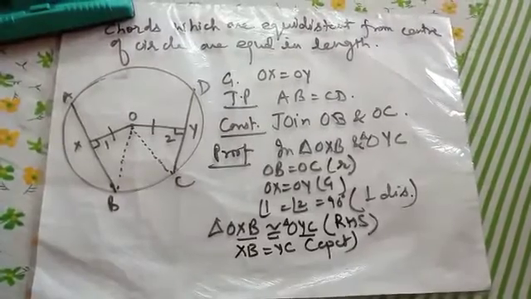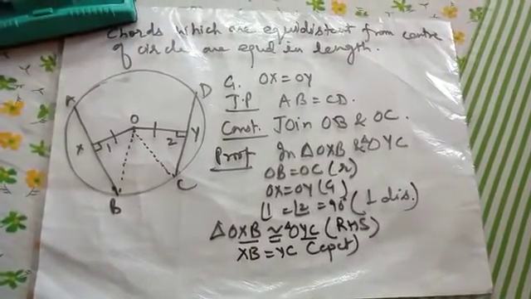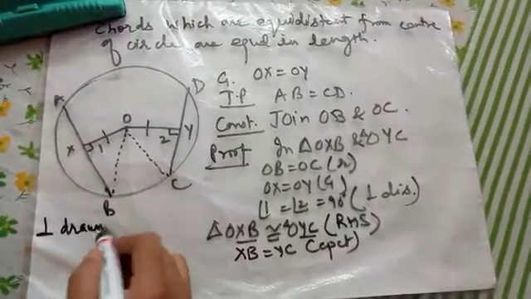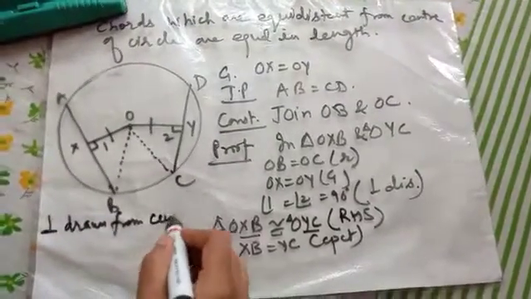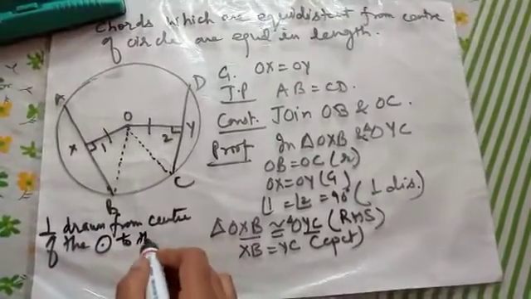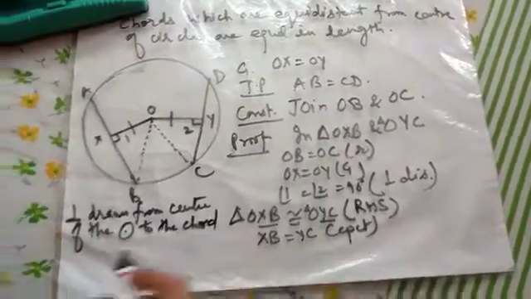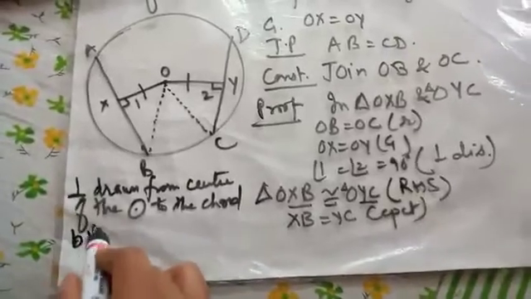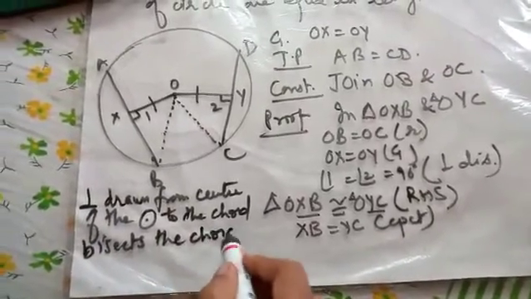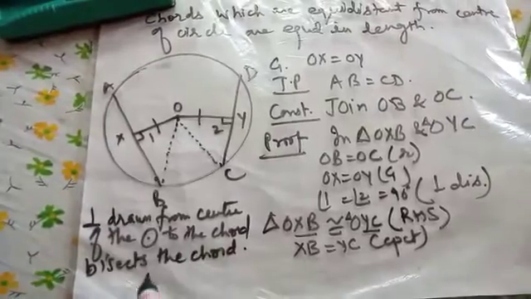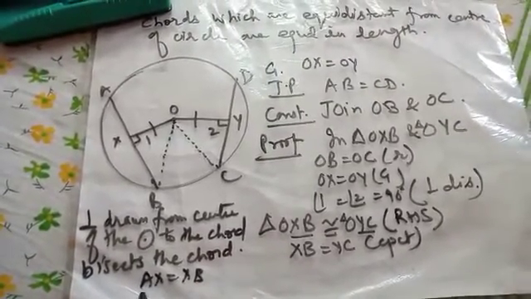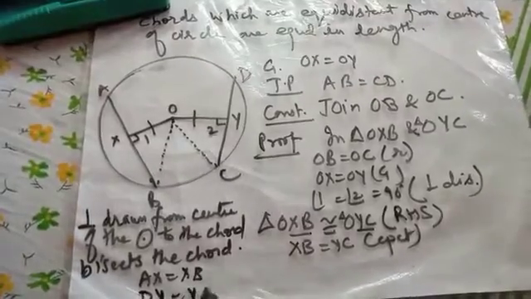Perpendicular drawn from the center of the circle to the chord bisects the chord. इसका मतलब क्या हुआ? इसका मतलब हुआ AX is equal to XB and ऐसे ही DY is equal to YC.